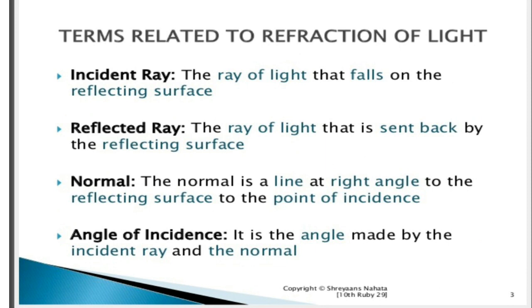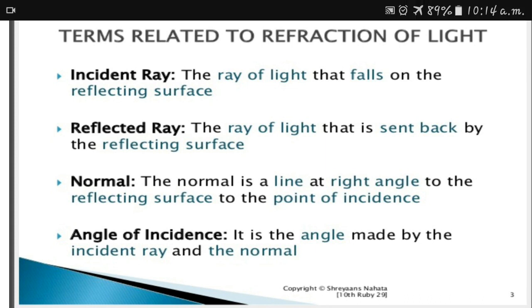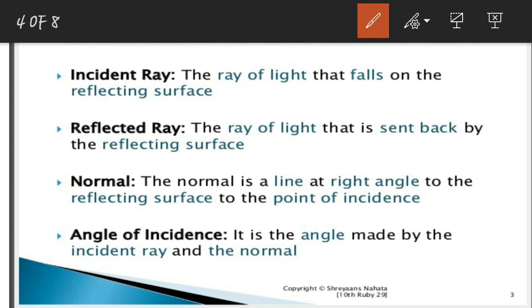The reflected ray is the ray of light that is sent back from the reflection, and the normal is a line which is drawn perpendicular to the surface. This will be an incident ray, this will be a reflected ray.